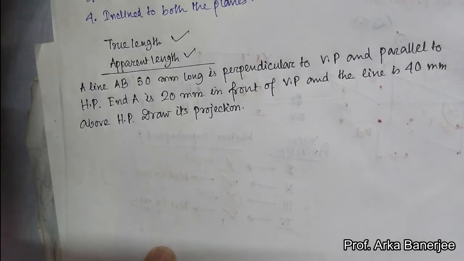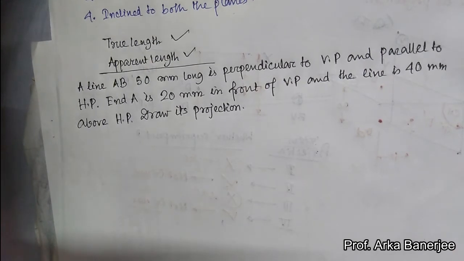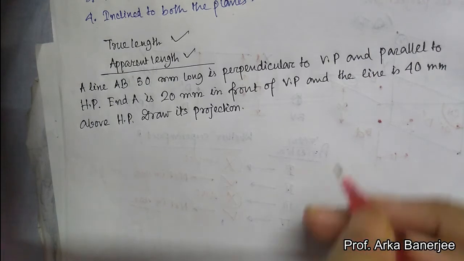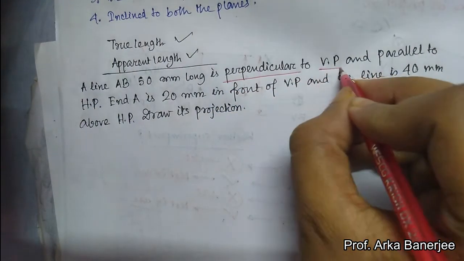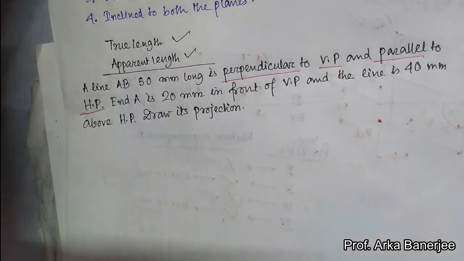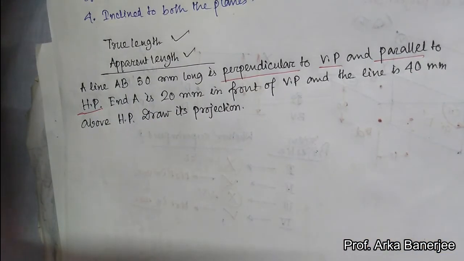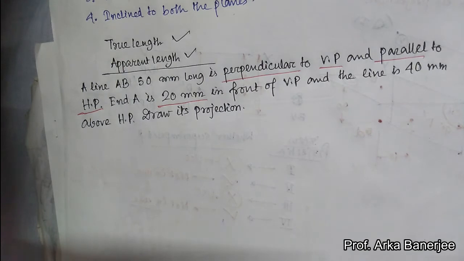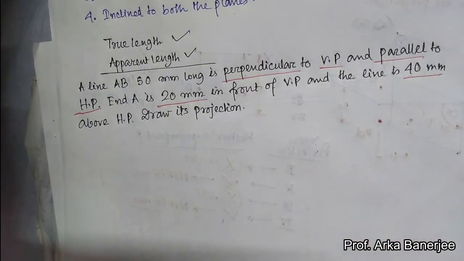So let us take one example first. A line AB, 50 millimeter long, is perpendicular to the vertical plane and parallel to the horizontal plane. Its end A is 20 millimeter in front of the vertical plane, and the line is 40 millimeter above the horizontal plane.